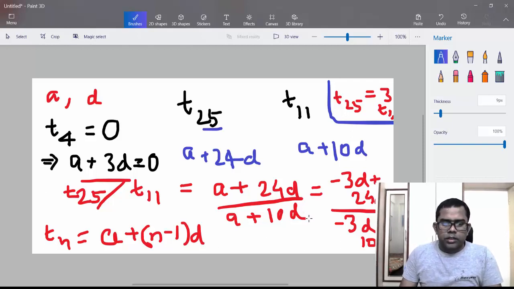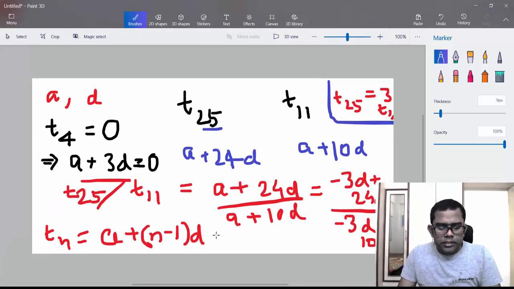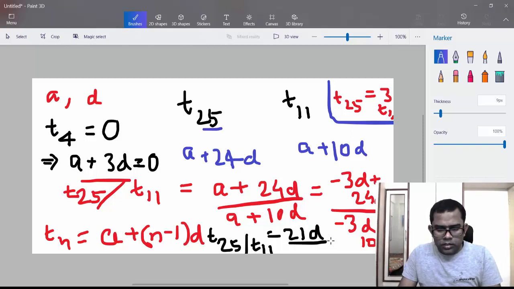So we can see that T25 by T11 is equal to 24 minus 3, that is 21D, divided by 10 minus 3D, that is 7D.